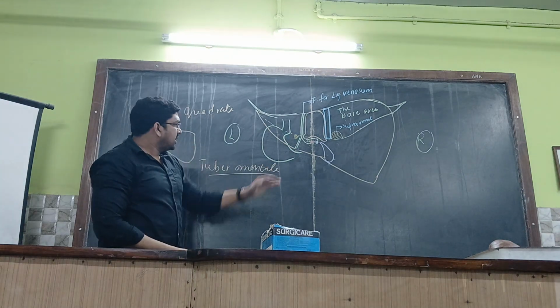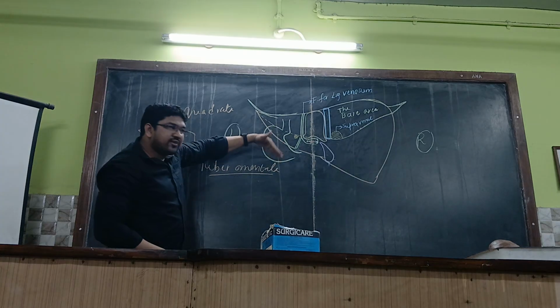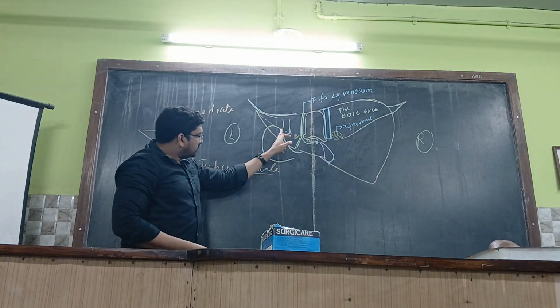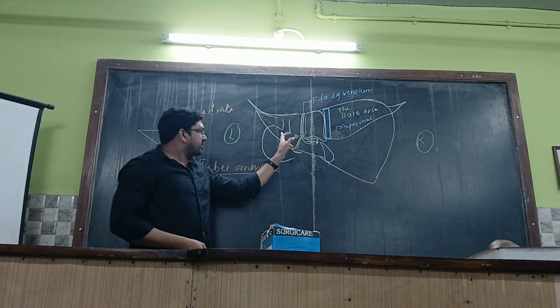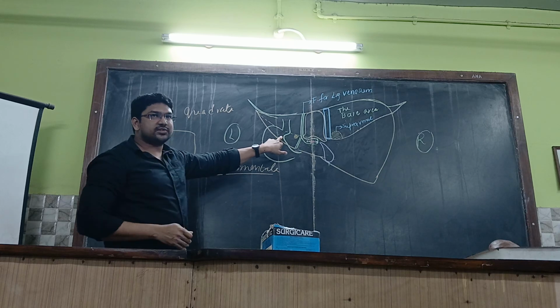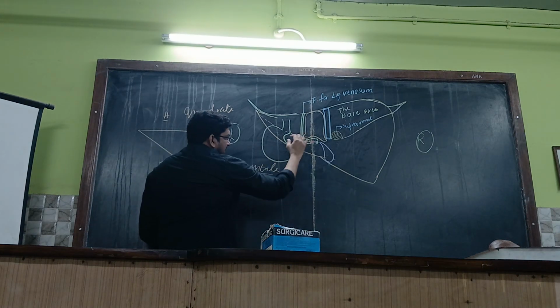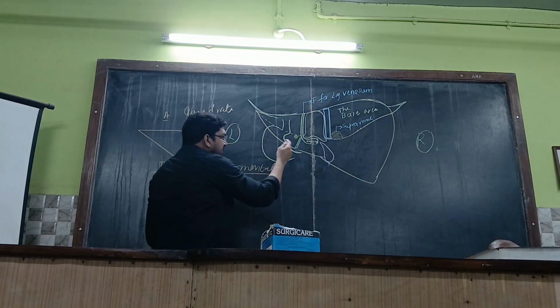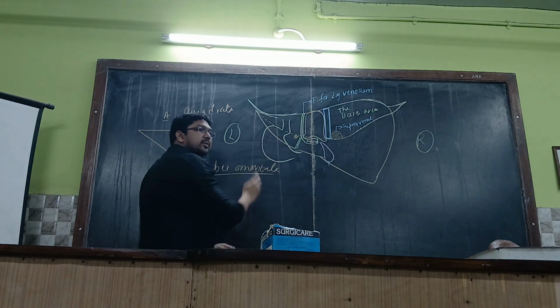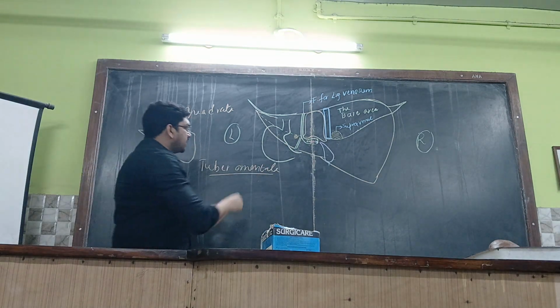So the rest of the stomach will be away from the liver. Only the parts towards the lesser curvature will be in relation with the inferior surface of the liver. This is very important. That's why this tuber omentale is separated from the tuber omentale of the pancreas through the lesser omentum.